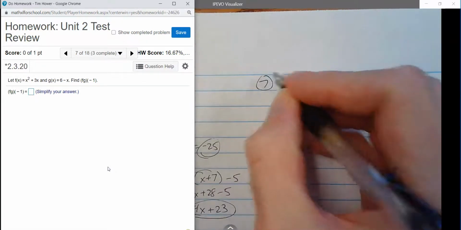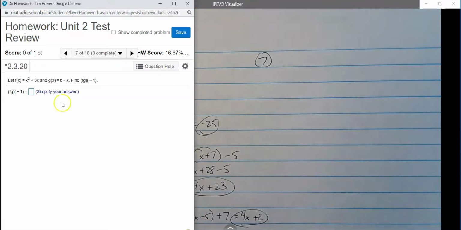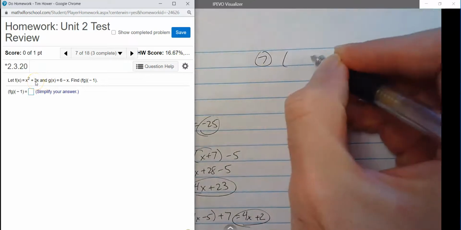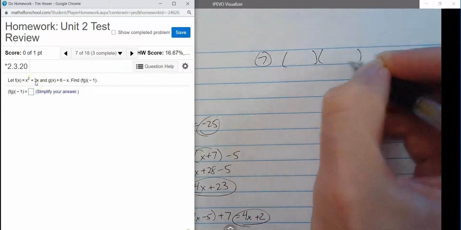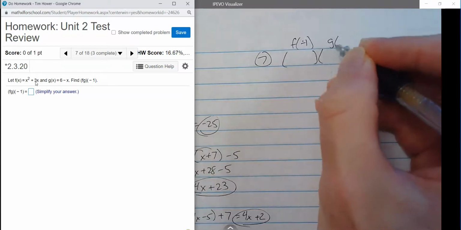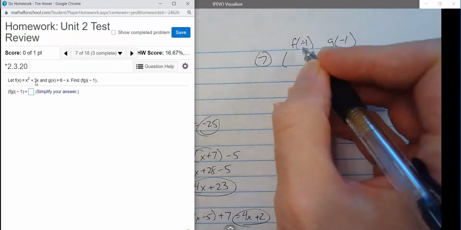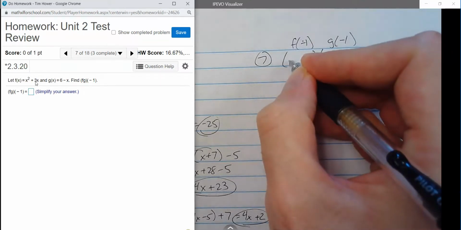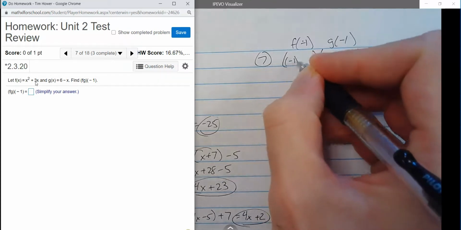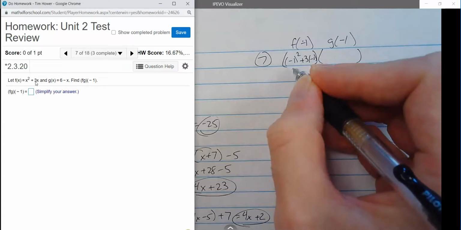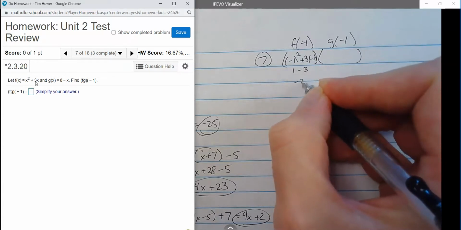Here, number 7. Now we're going to multiply them. We're supposed to plug in, so you could multiply them together then plug in, or you could just plug them in and then multiply together. So f of -1 and g of -1, I'm going to get the answers and multiply them together. When I plug -1 into f, I get -1 squared plus 3 times -1, so that'd be 1 minus 3, so it'd be -2.